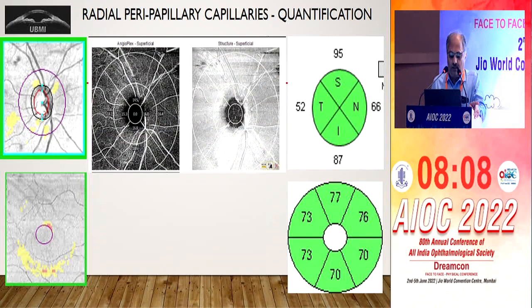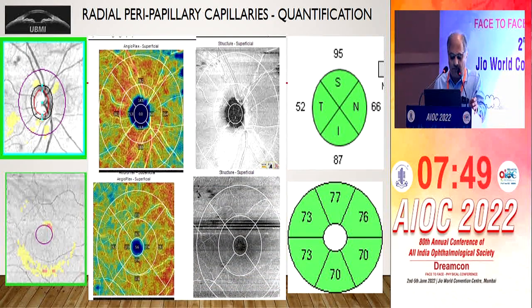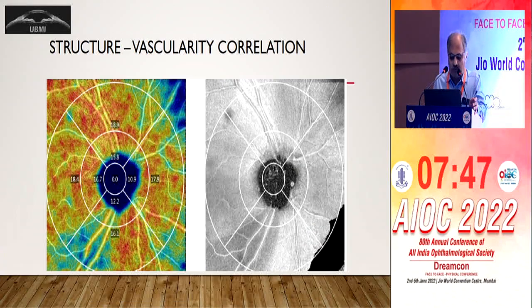Now this is a normal fellow. This is a little older software. Now you have the newer software in this machine. And this is the capillary density, which tells us around 19.2, 18.6. So something between 18 and 20 is normal. We really do not have a normative database for it ready as of now. And we can have a color-coded map again to show us what is happening.